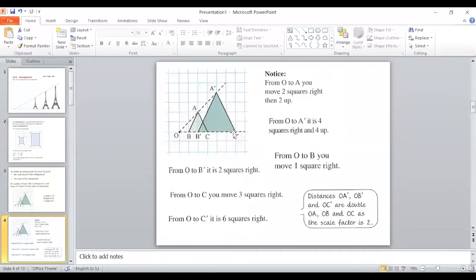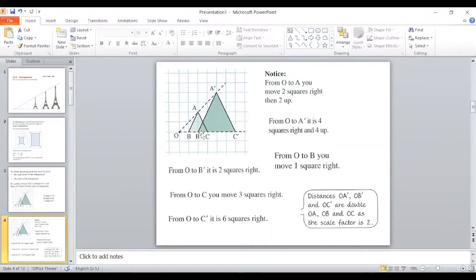In order to comprehend how this enlargement has been performed, let's notice from O to A, we have to move 2 squares right and 2 up. Can you see? On the other hand, from O to A prime, we have to move 1, 2, 3, 4 right, 1, 2, 3, 4 up. From O to B, we have to move 1 square right.